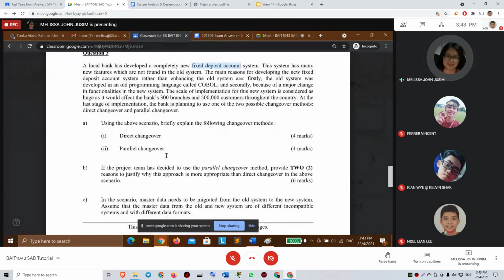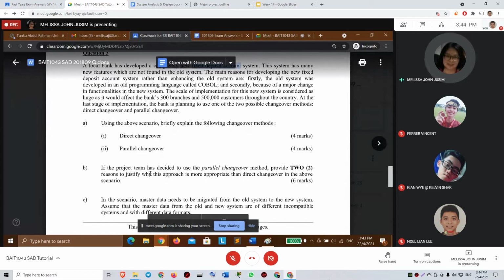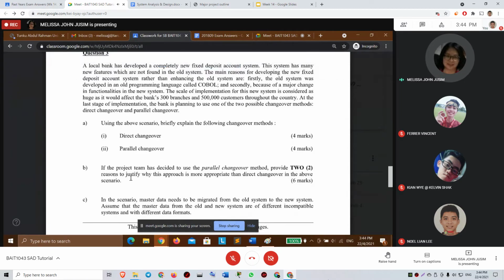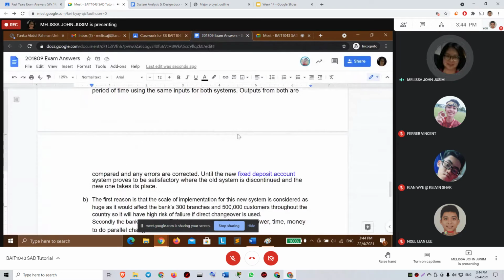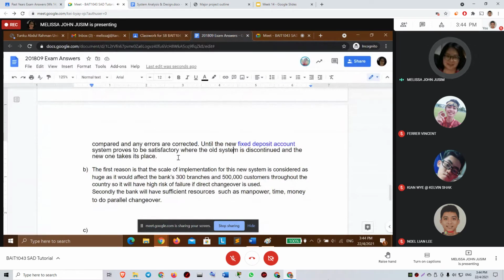Okay, next question. Do we need to use the scenario also? Oh yeah, if the project team has decided to use parallel changeover, give two reasons why this approach is more appropriate in the above scenario. Kelvin, the first reason is that the scale of this implementation is going to be huge.